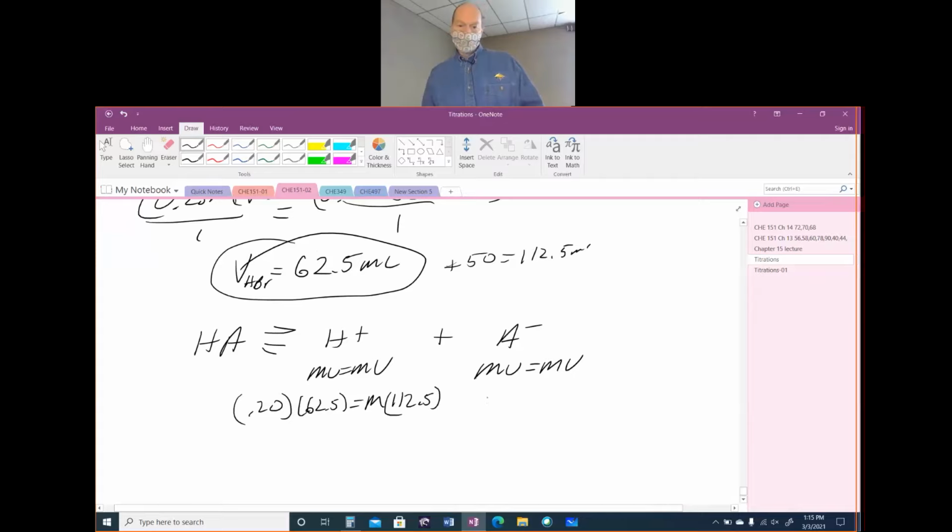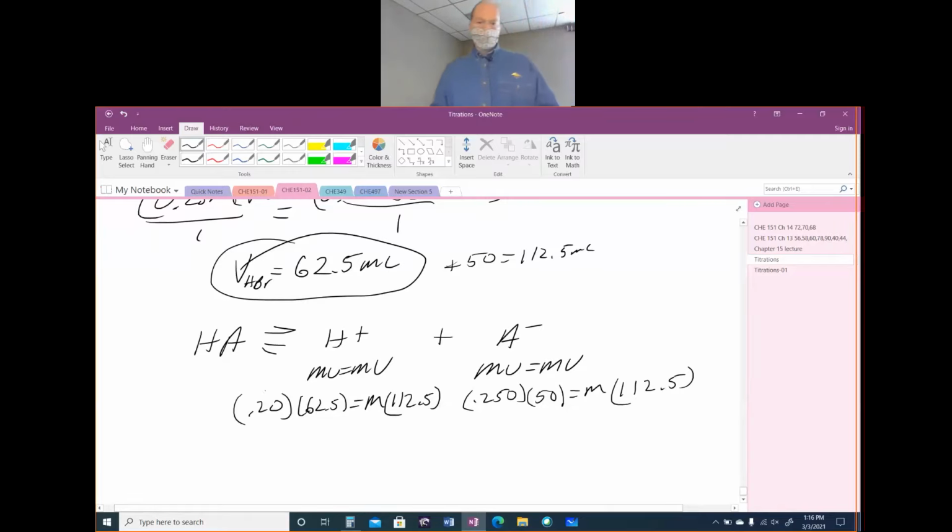Your A minus, we had our 0.250 with a volume of 50. What is the molarity now that the volume is 112.5? Again, we're at the equivalence point. These have to give us the exact same number.